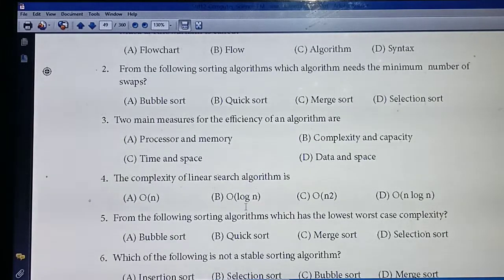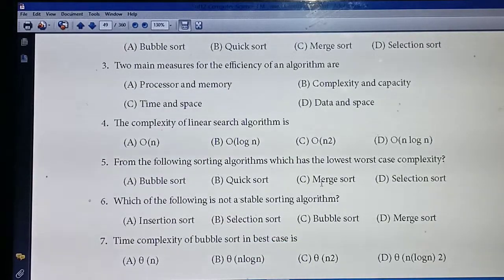Then the fifth question answer is option C, merge sort. Then the sixth question answer is option B, selection sort.